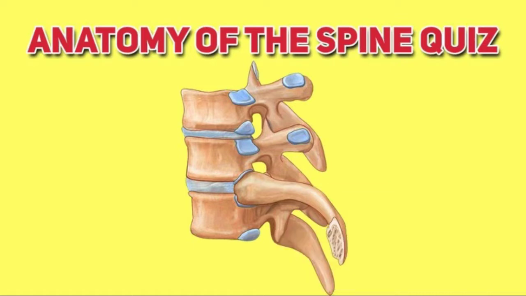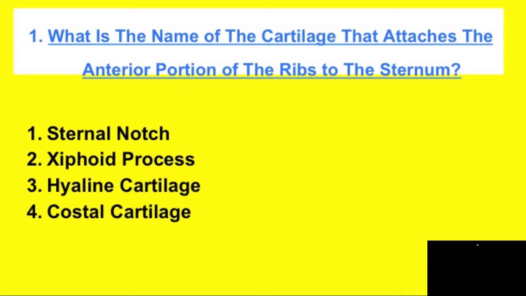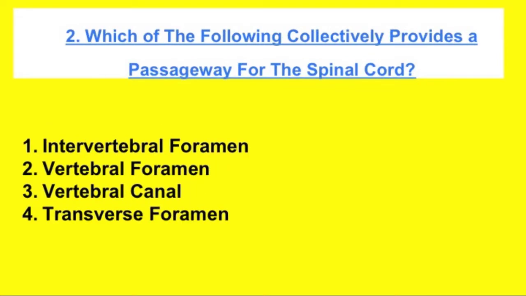Let's begin. Question 1. What is the name of the cartilage that attaches the anterior portion of the ribs to the sternum? Question 2. Which of the following collectively provides a passageway for the spinal cord?